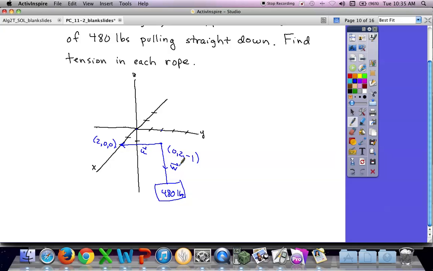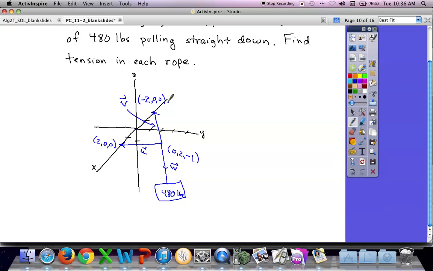Okay, the next rope is pulling up in the direction of -2, 0, 0. So right there. Right, and that is the vector V. And that point is -2, 0, 0. Is that right?